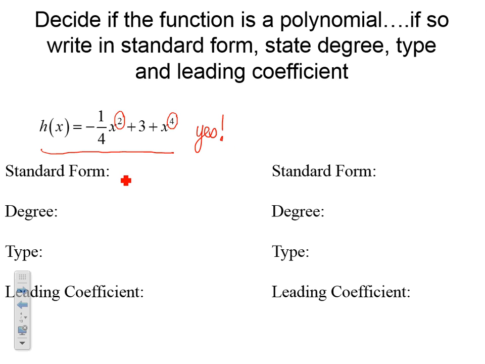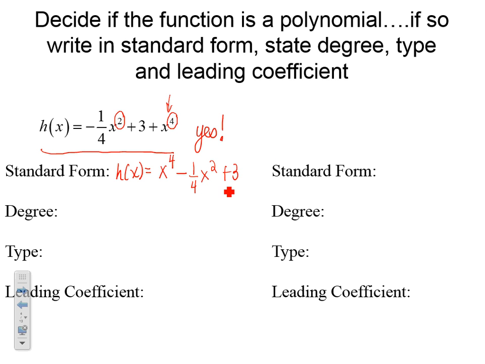Now, if it is a polynomial, I can write it in standard form. Standard form says take the largest exponent and write that one first. So this one's the first one, x to the 4th. Then the next largest, so that would be negative 1/4 x squared, and then plus 3.